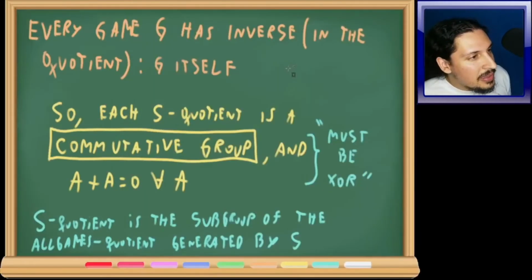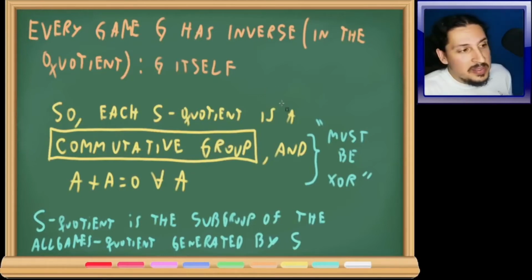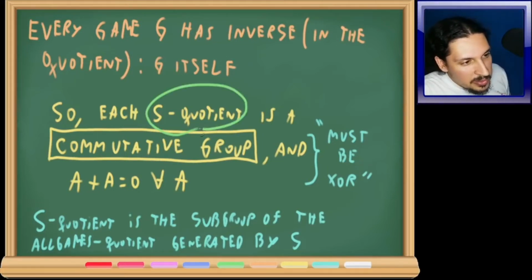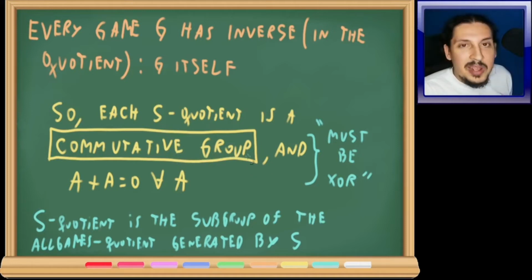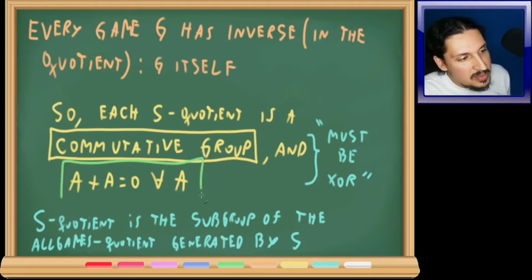So that means that in the quotient, classes have inverses, and for each element, it is its own inverse. So each S quotient is a group, not only a monoid, like we said before. There are inverses, so it actually has group structure, and every element is its own inverse.